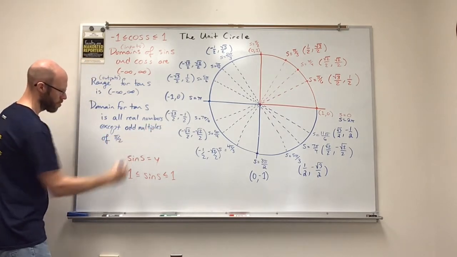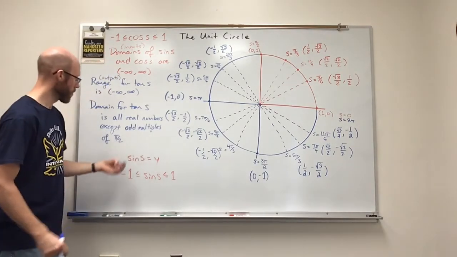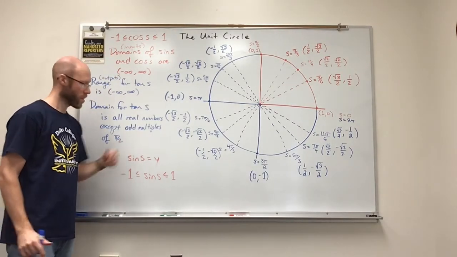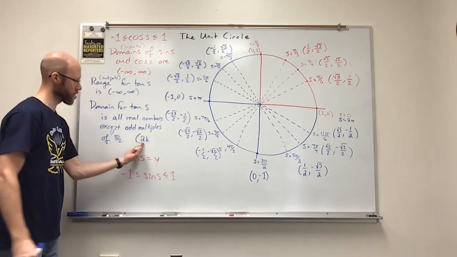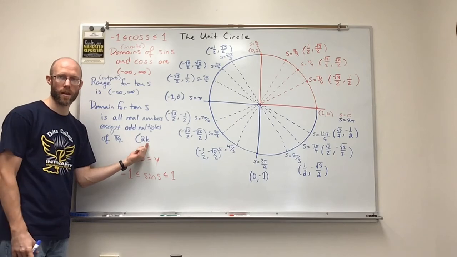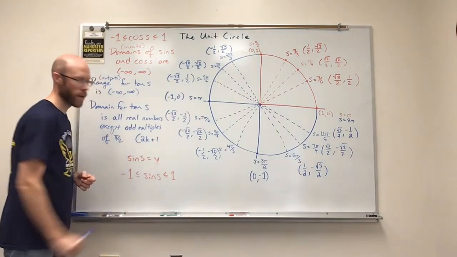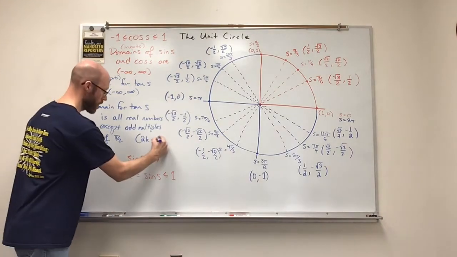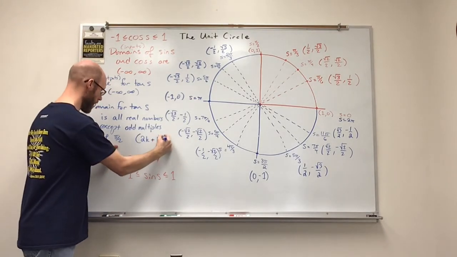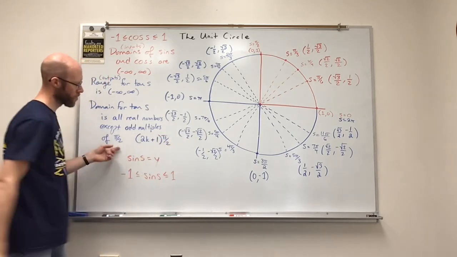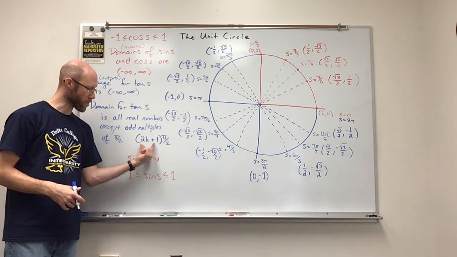of pi over 2. You could actually express that algebraically. If you want to find odd numbers, you just take an even number, which is 2 times a number. Any even number can be represented by 2 times a number, and 2 times a number plus 1 will always give you an odd. And if you take that and multiply it by pi over 2, you'll get an odd multiple of pi over 2.